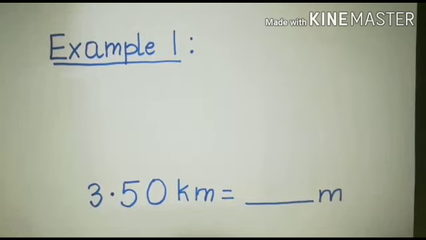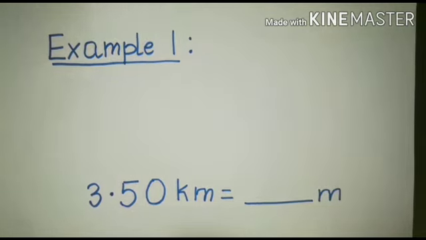Now let us try to solve some examples. Example 1. 3.50 kilometer is equal to dash meter. Let us first recall the funny phrase and write only the first letter of each word in the phrase.